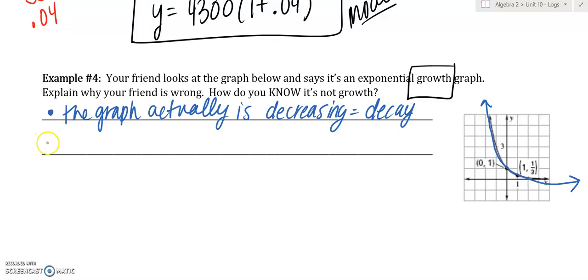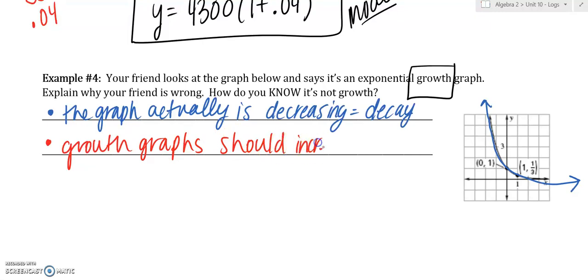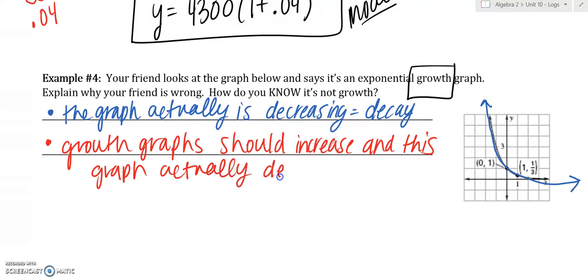Or you could say, in a different way, growth graphs should increase, and this graph actually decreases. Kind of the same explanation, just written in a different way.